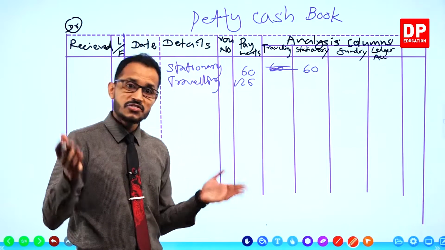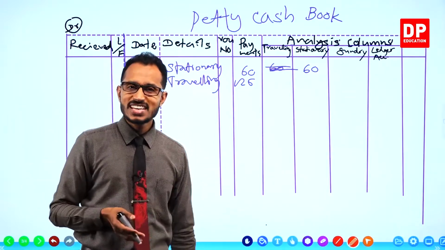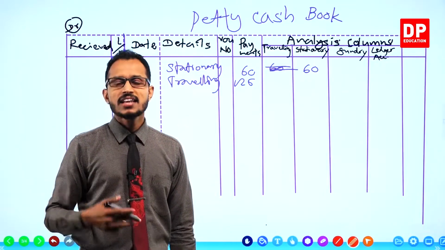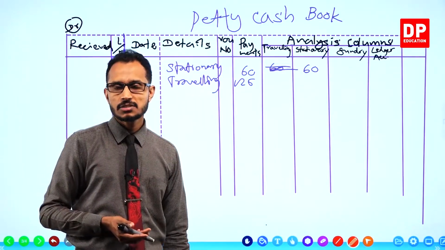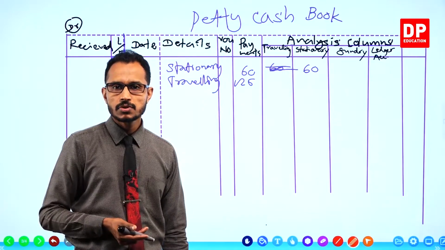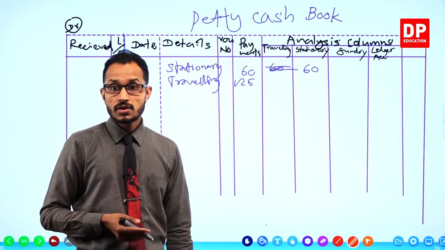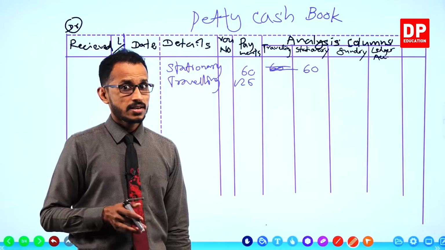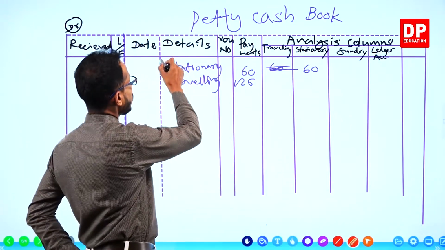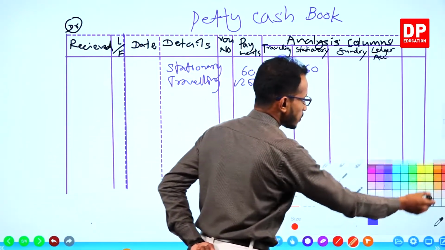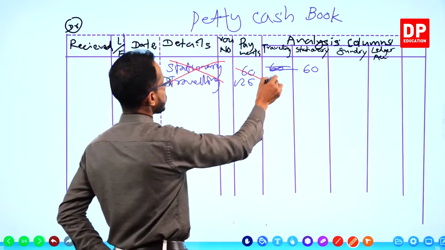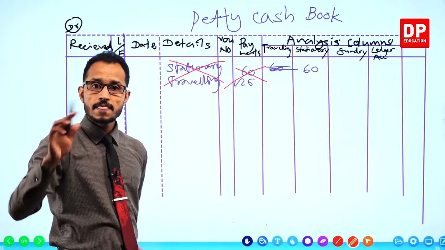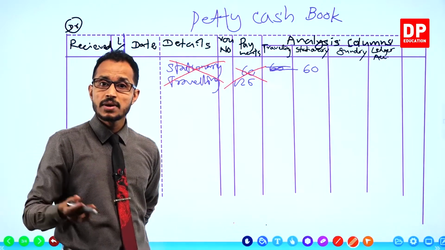Students, if you watched the previous session and learned how to record transactions, how to start to record in the petty cash book, you should have remembered that first of all, we do not start by recording the payments.